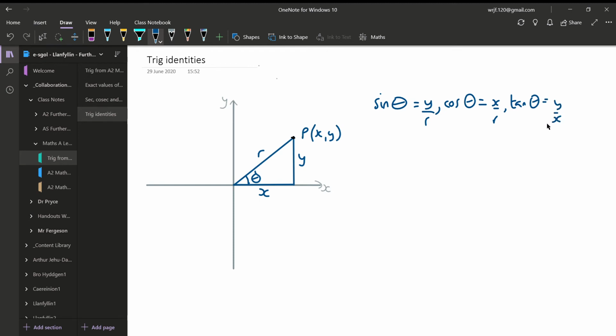And you will be familiar with the first two identities that we're going to look at, but here's where they come from again. So tan theta as y over x, we can think of as being the same as y over r times r over x.